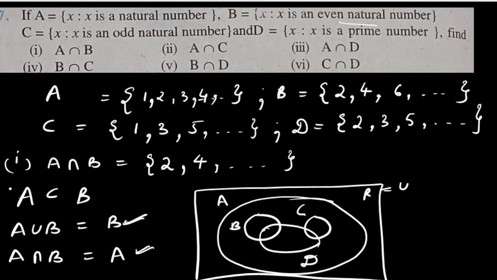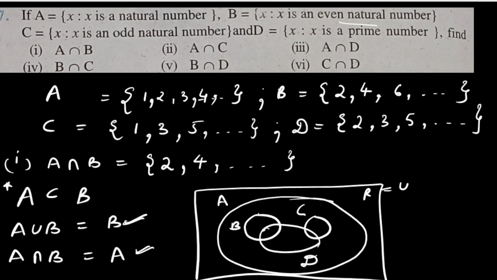Just remember this concept; it is very important and will help you solve questions like this. So here A is a set of natural numbers and all three, B, C and D, are subsets of set A.